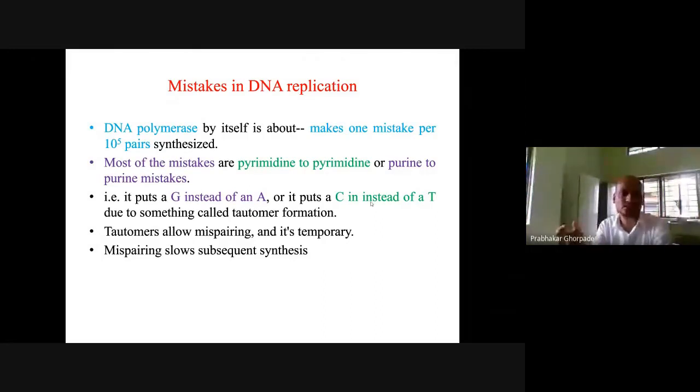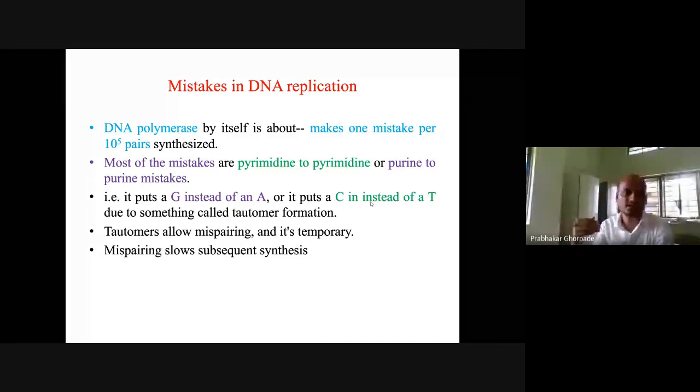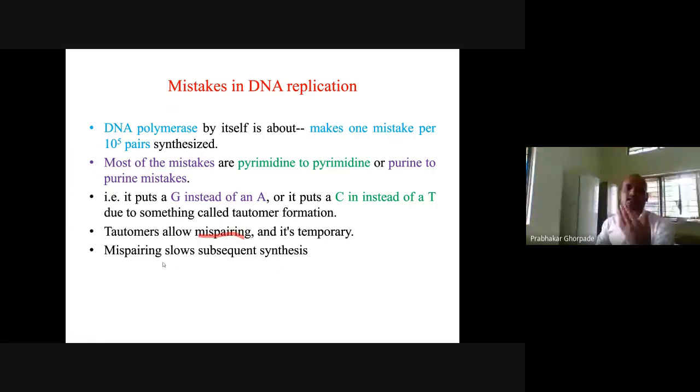Likewise, this is due to something called tautomer formation. So why do mistakes happen? Many times the explanation is that there is a phenomenon known as tautomer formation in this DNA replication event. Tautomers allow the mispairing. This mispairing is temporary, but it may slow down the subsequent synthesis.